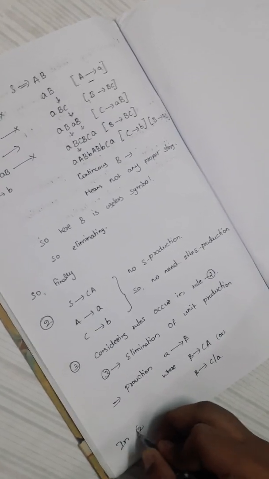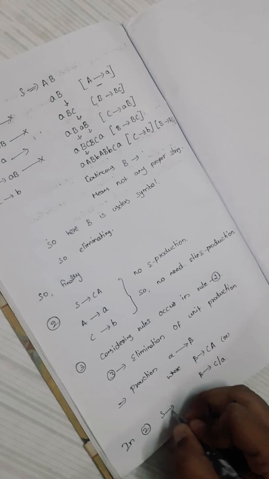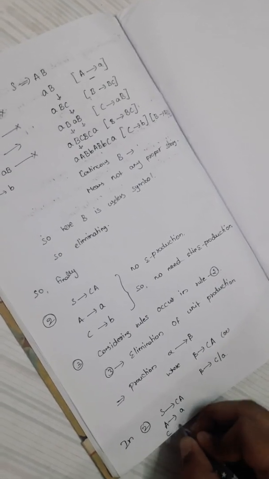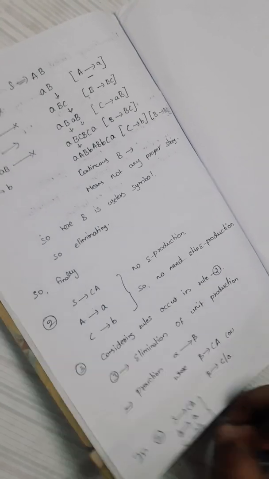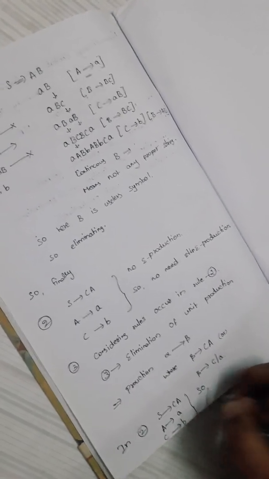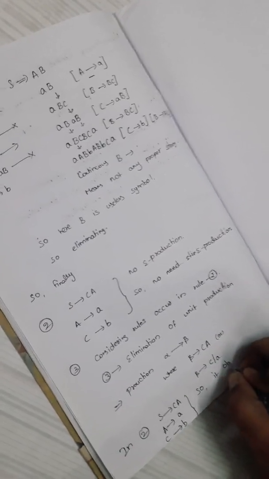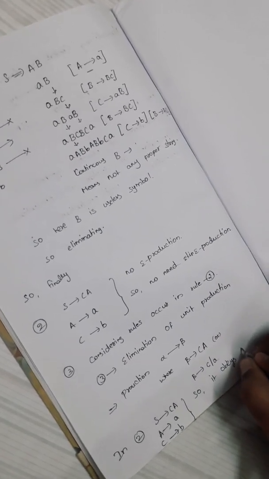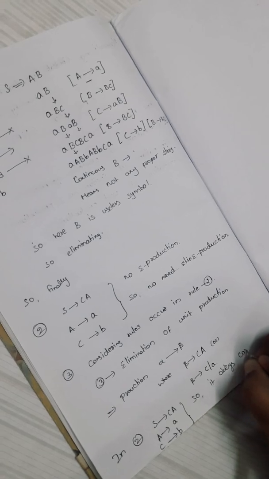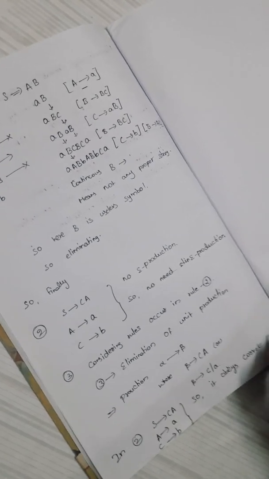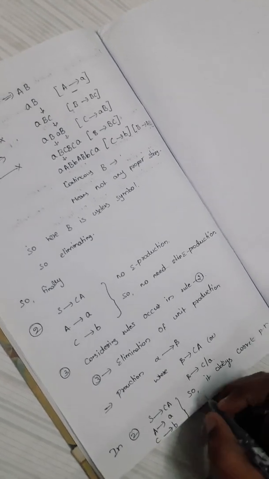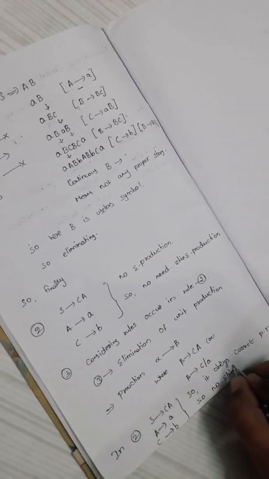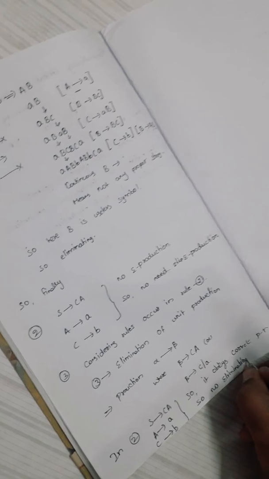In rule 2 we get S tends to CA, A tends to small a, C tends to B. So it obeys the correct production rule. So no elimination of unit production.